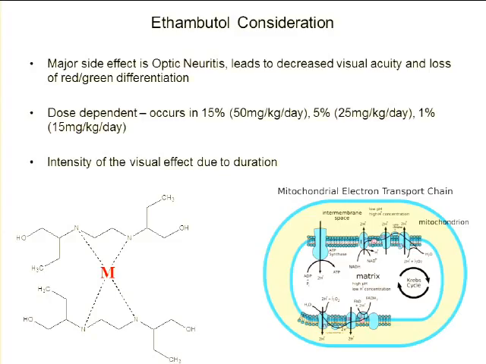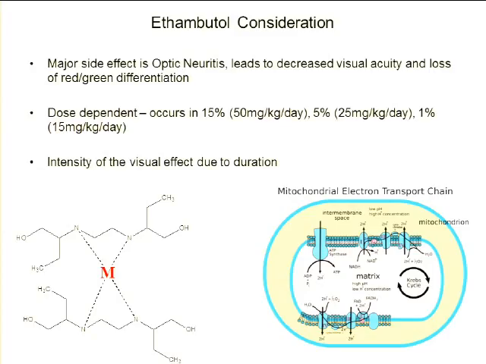This is another one of those dose-dependent effects, so 15% of those on the highest dose, and then it trickles down to 1% of those on the low dose, so dose-dependent neuritis. The intensity of this visual effect is also dependent on how long the person stays on the drug. The longer the duration that they're on this drug, the more intense the visual loss will be.